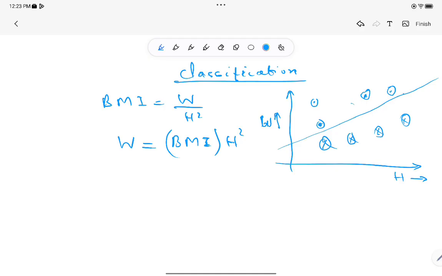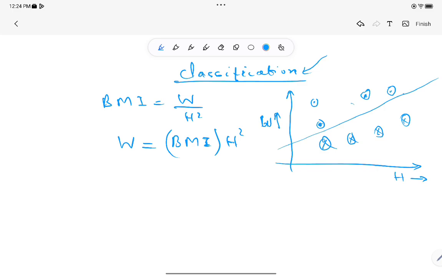But I am taking a different route. I have simply chosen classification as my first topic because this will make you understand how machines learn in a very easy way. That is the reason.